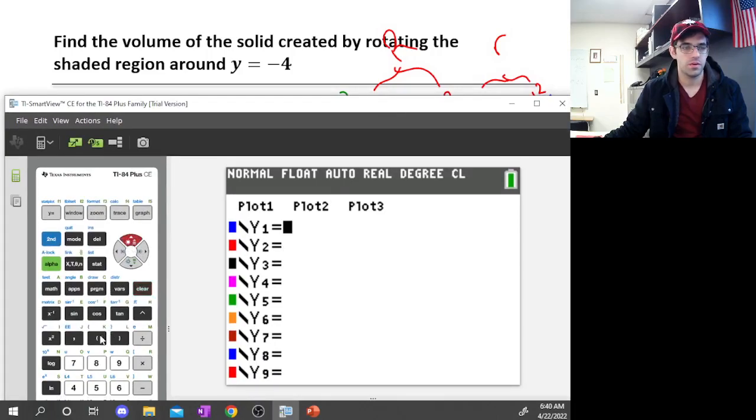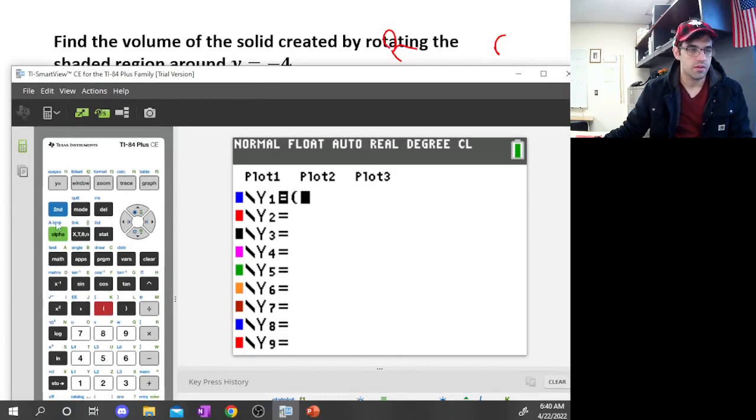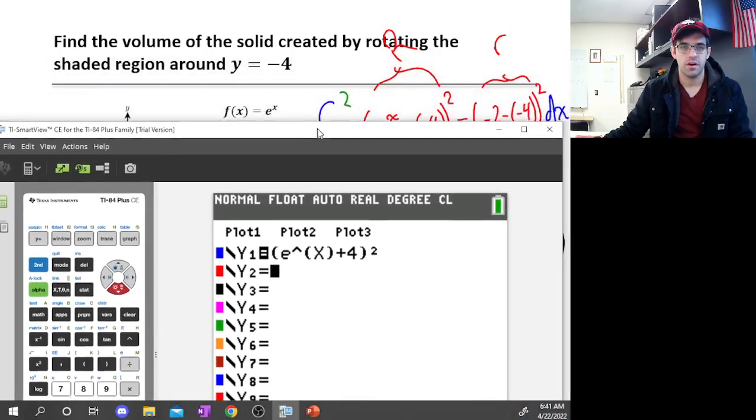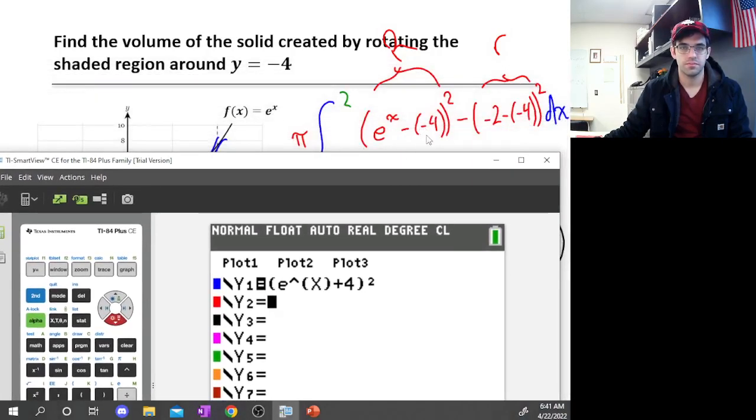So we go brackets, and our e is a blue function, so second natural log, e to the power of x plus 4, close brackets, and I'm going to square that, and that'll be our big R function squared.